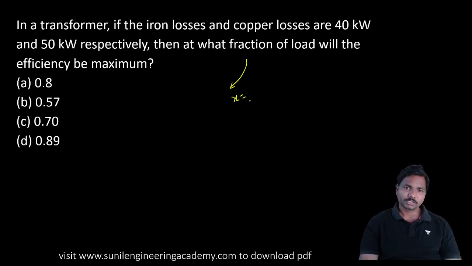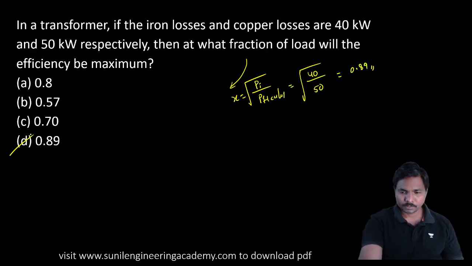The same, x is equal to the root of iron loss by full load copper loss. Iron losses are 40, full load copper losses 50. So root of 80 by 100, that is 0.89. So the answer is option B.